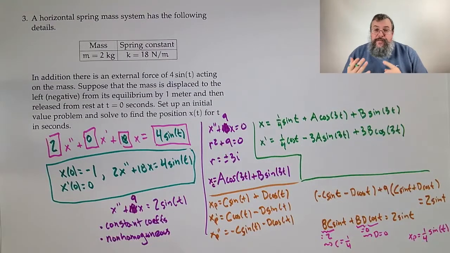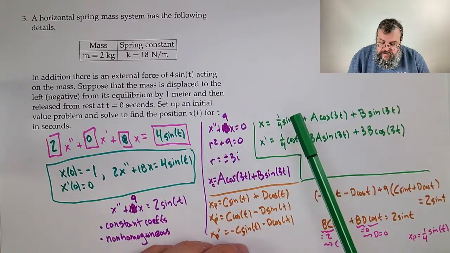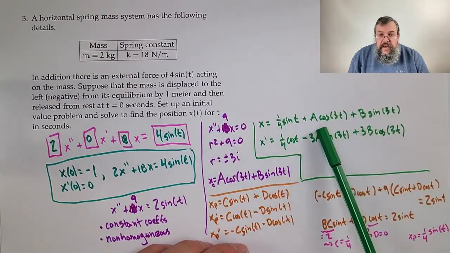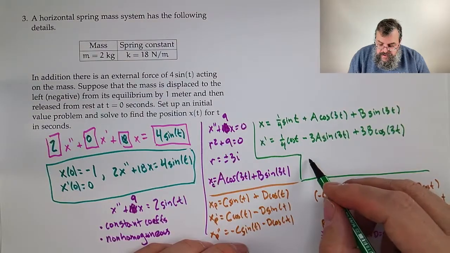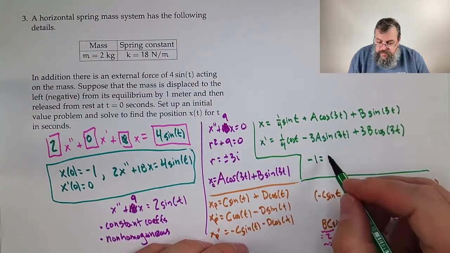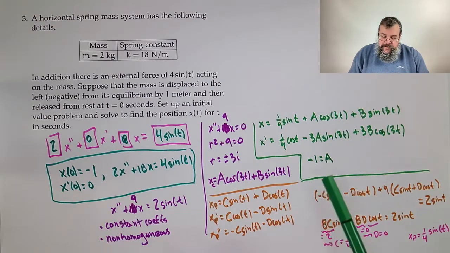So we plug in 0. When we plug in x of 0, what do we get? Well, we're going to get 0 and a and 0. So we'll get -1 has to equal a. That's pretty good. We can really solve for a. Now, x prime of 0 is 0.